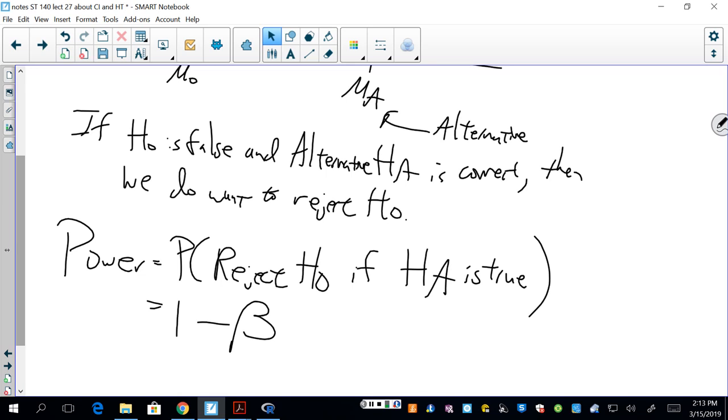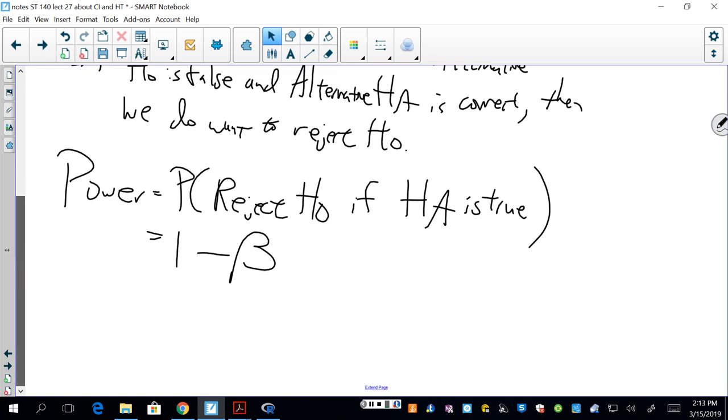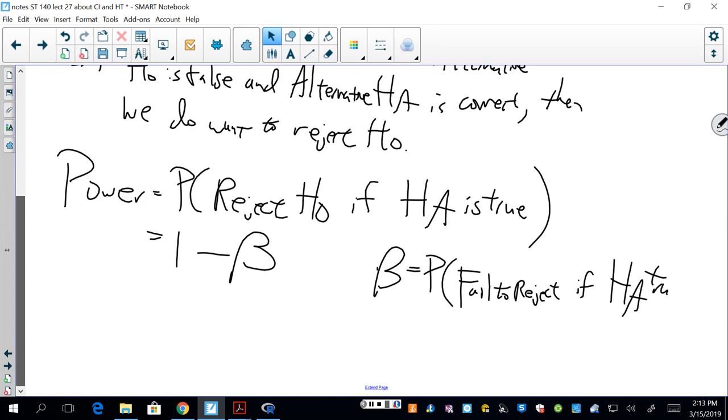And beta is the probability we fail to reject H0 if H0 is false. So beta is the probability we fail to reject if HA is true. Right?